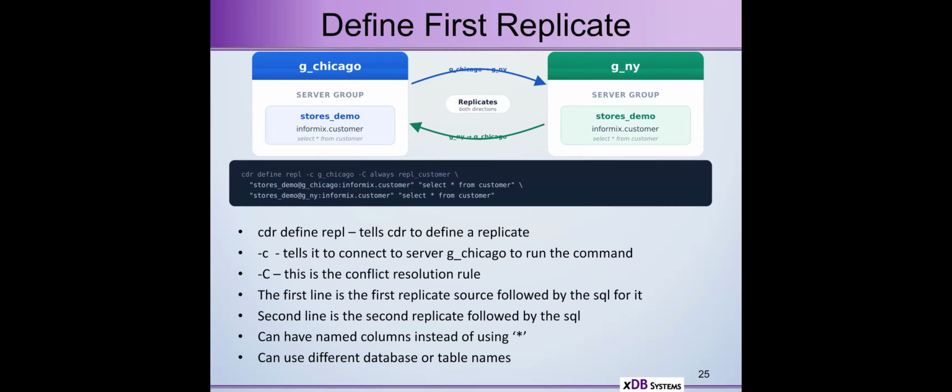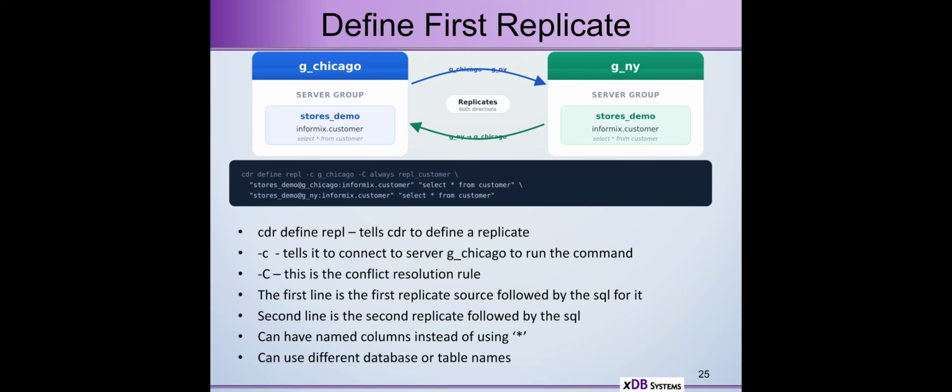And then the second parameter is what the where clause is, or the select clause, I should say, of what data do we want from this table. Most of the time, it's going to be select star from, but it may be select column A, B, C from, or select star from customer where customer ID is greater than 20. You can put in where clauses, you can put in other things.